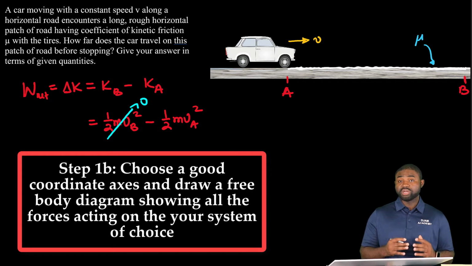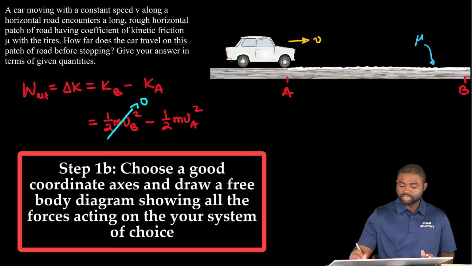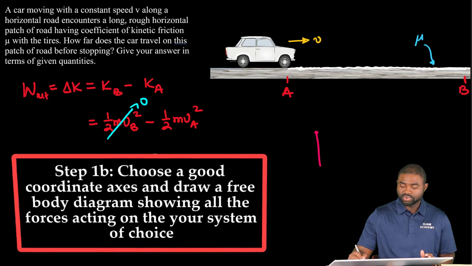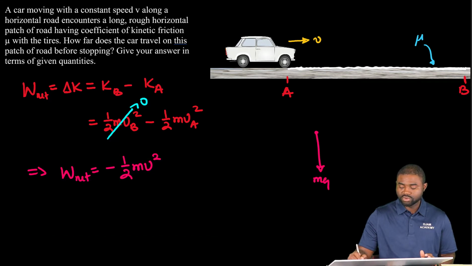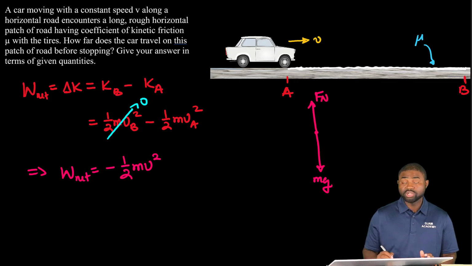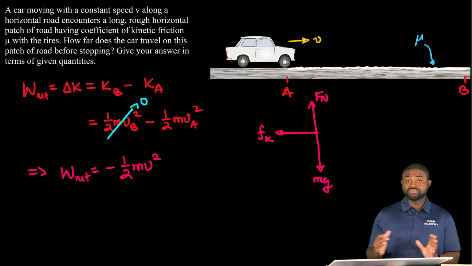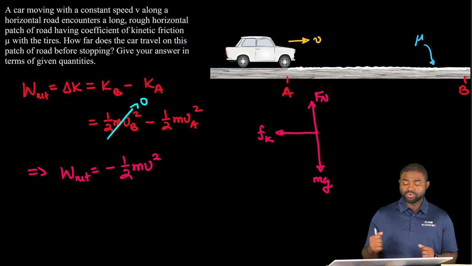We are assuming that the car is moving along the rough patch of road. So in the free body diagram, you will have the weight of the car downwards. You will have the normal force acting vertically upwards. Then you will have friction. This is kinetic friction. There is no traction force pulling the car forward.